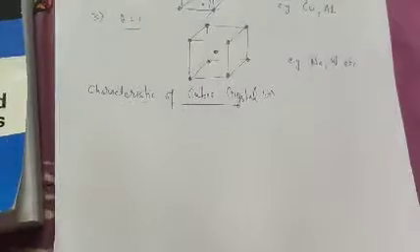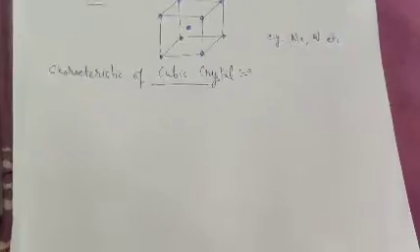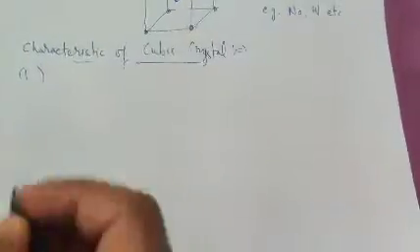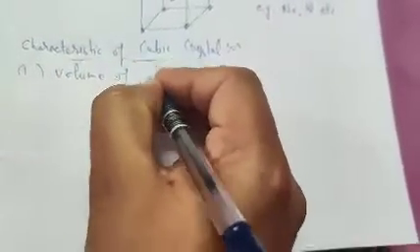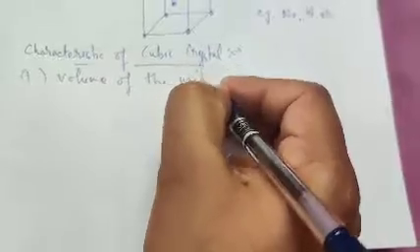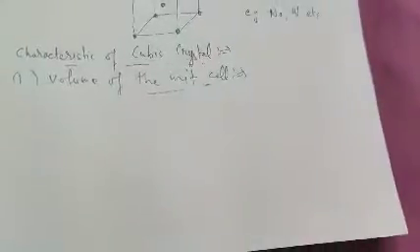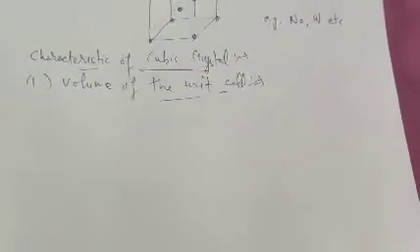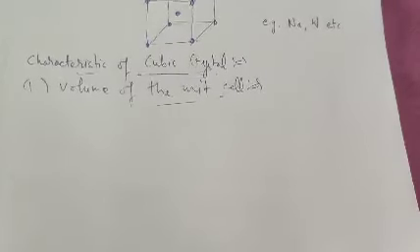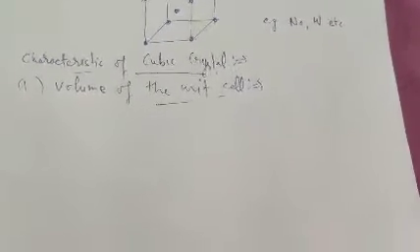Now we will discuss the properties and the characteristics of the cubic crystal. First is the volume of the unit cell. As we know that we are dealing with the cubic crystal, we know that the volume of the cube is the cube of the side of the cube.